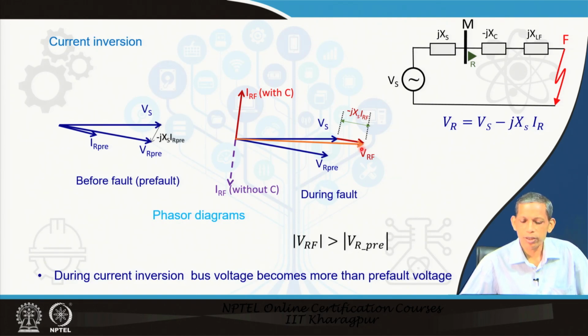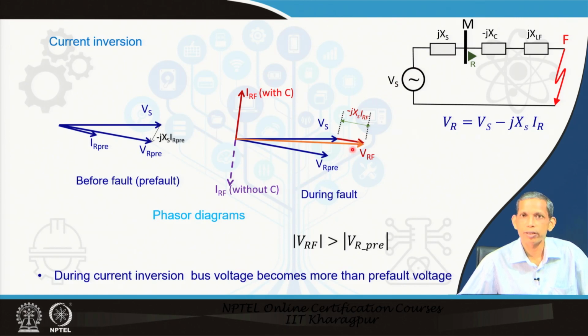The immediate conclusion is that, because of this upward phasor position, the relay voltage V r f during fault in the current inversion situation becomes larger than the pre-fault voltage at the relay position. This is the peculiarity we observe. Normally, during a fault there is a drop in the source side, so the relay bus voltage will be smaller than the pre-fault voltage.